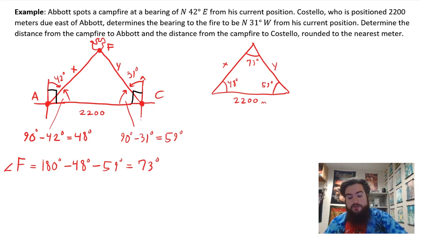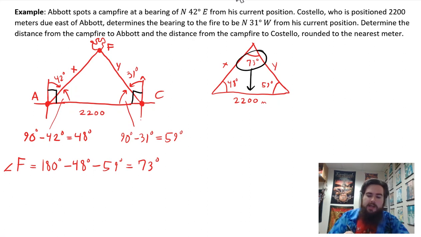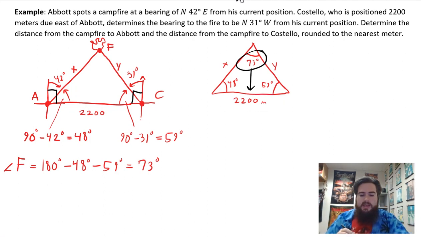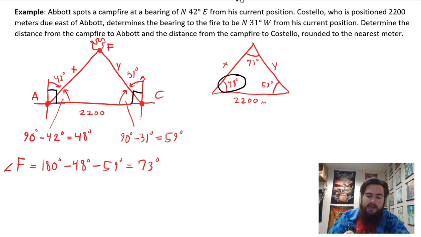That means we now should be able to use the law of sines to go forward with this. We now can use the law of sines because we have an angle measure as well as a side across. So we have one full ratio, and we can use that information to take, say, for example, 48 degrees and solve for the side length across from that, and do the same for 59 degrees.